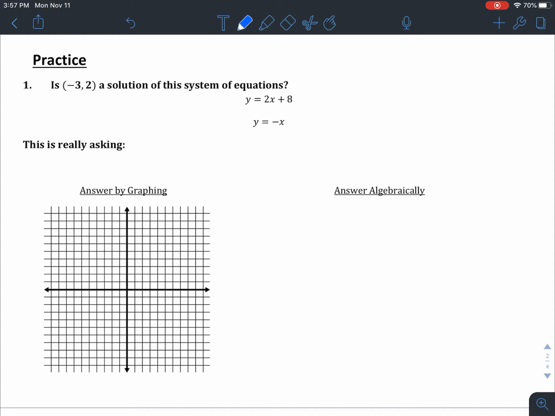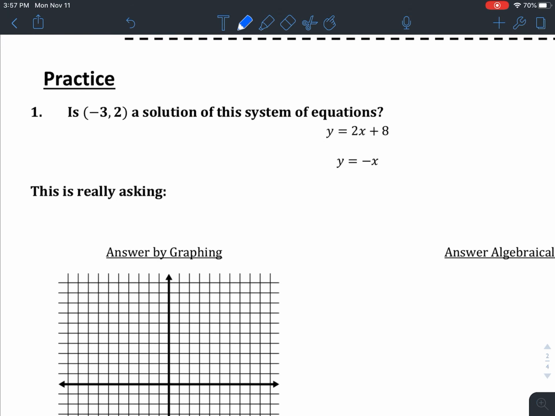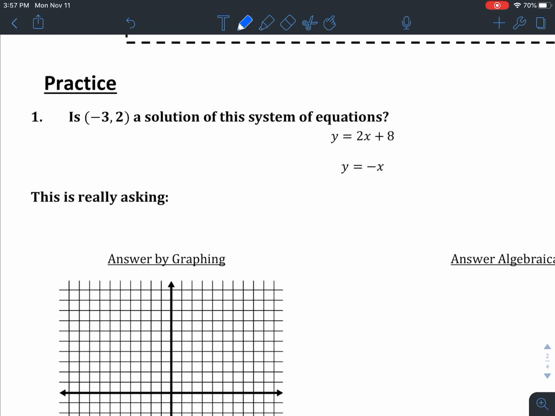Just to get used to it, it's going to be up to you moving forward which way you prefer to check to see if a point is a solution to the system. But just for us, just to get a little taste and not to ramble on for too long in this video, we'll go ahead and just do it algebraically first. So for this, is negative 3 comma 2 a solution to the system? y equals 2x plus 8 and y equals negative x.